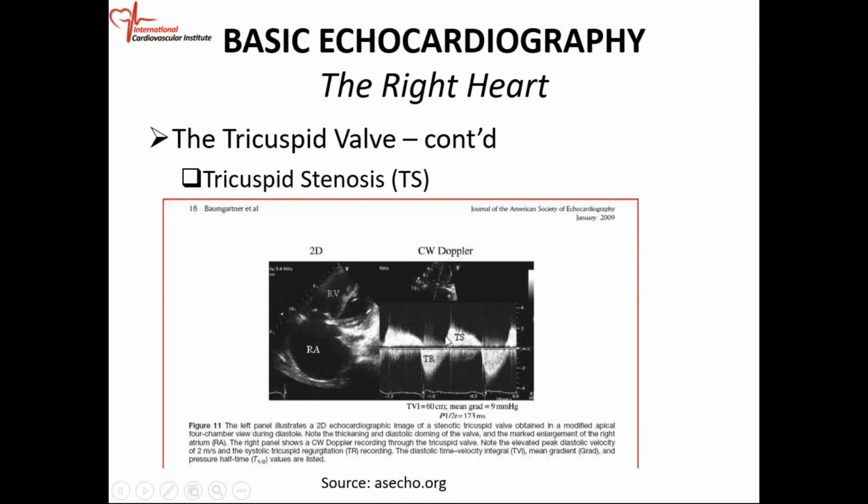But if you do planimetry there, you can see that when you do the TVI, the gradient is about 9 millimeters mercury. So there is some significant tricuspid stenosis, and then you have tricuspid regurgitation. You can see the atrium is huge, huge right atrium. So the valve is both stenotic and regurgitant.